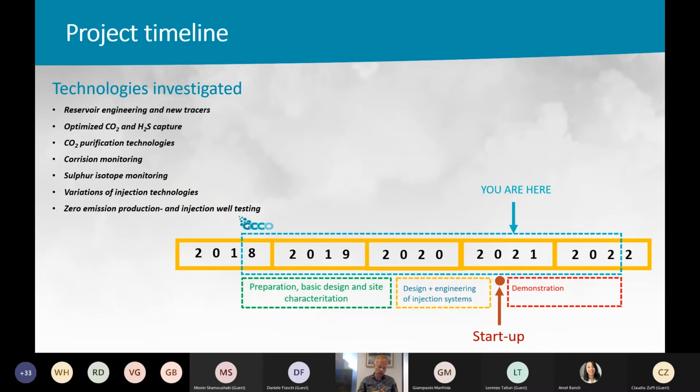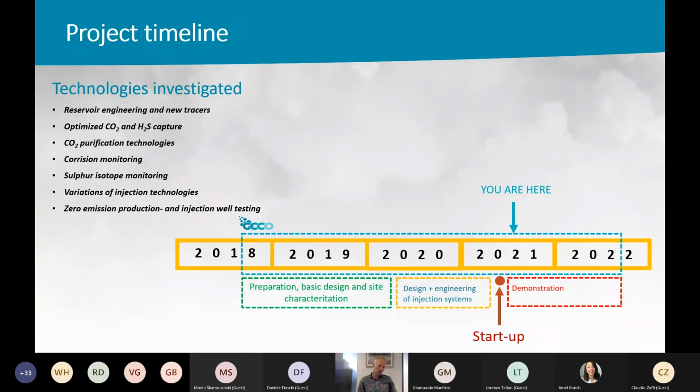When we had collected that, we started the design and engineering of all our demonstration systems, both for the capture, purification, and injection systems. And then we are slowly now starting up, commissioning our systems.